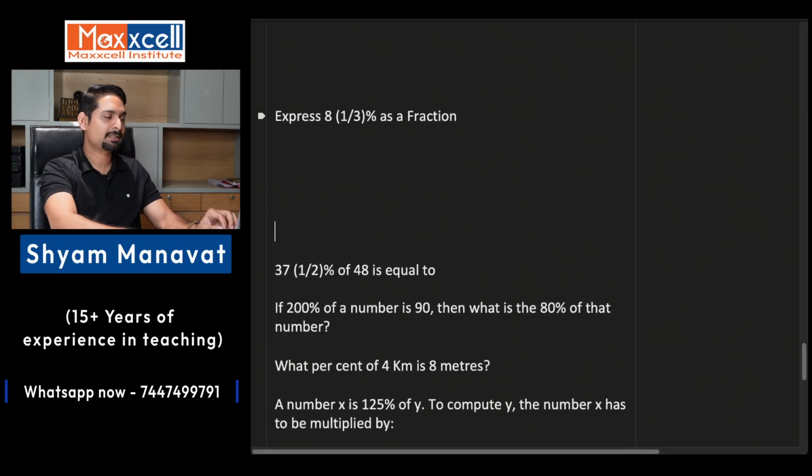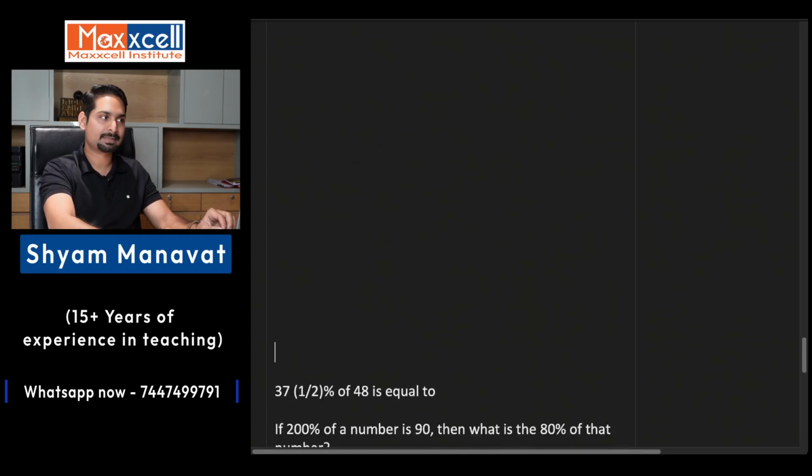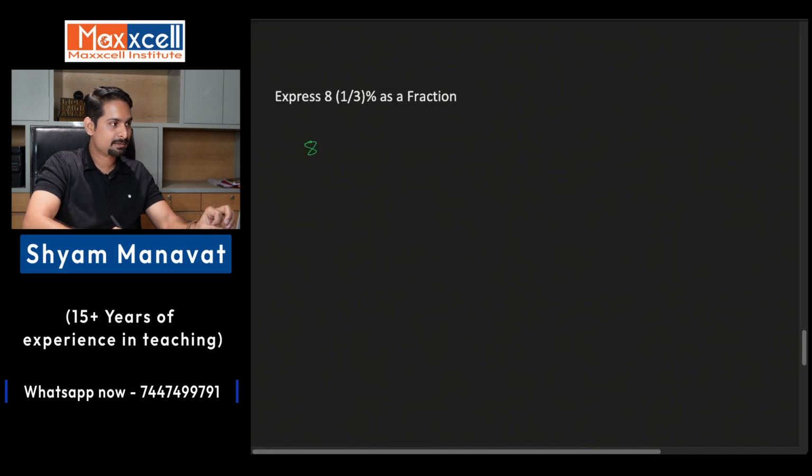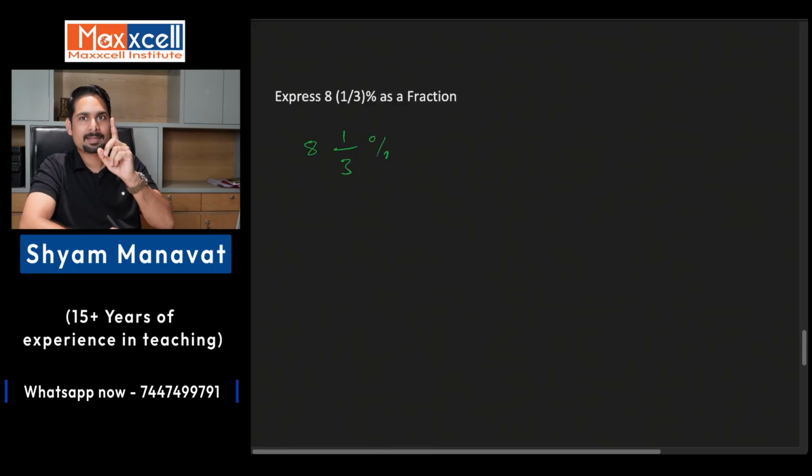Convert 8 integer 1 by 3 into percentage and into fraction. So first, what kind of fraction is this? Tell me, what kind of fraction is 8 integer 1 by 3? Absolutely right. This is a mixed fraction.